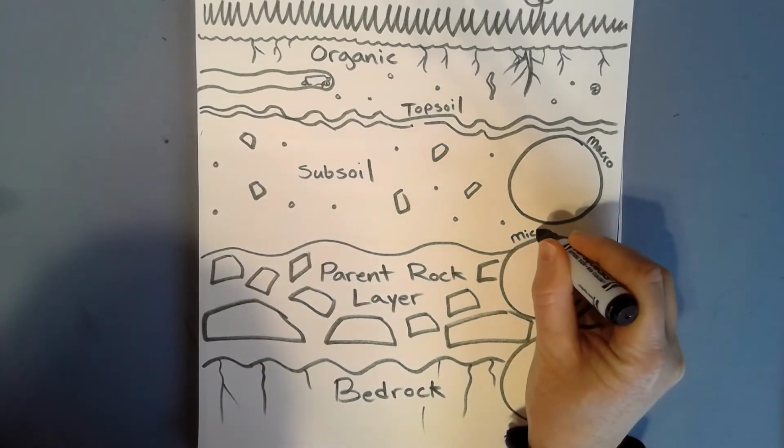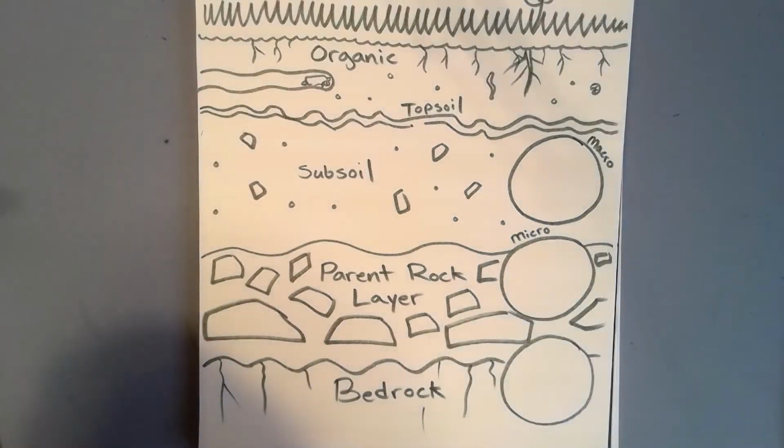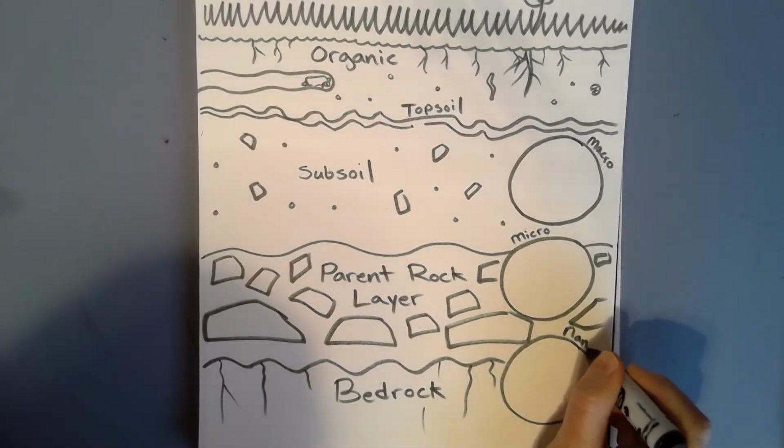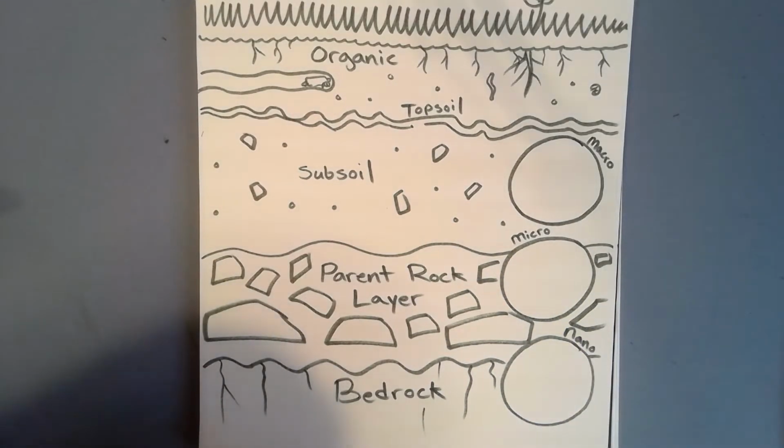Micro, you have to use a microscope to see these. And then nano, way smaller than micro. You might have to use a very special microscope. You can't use a light microscope to look at these kind of things.